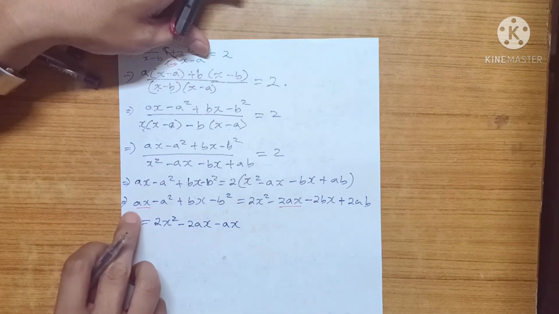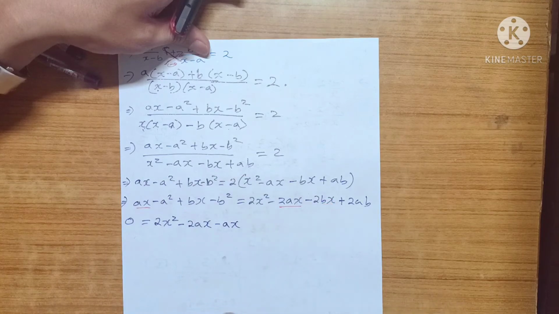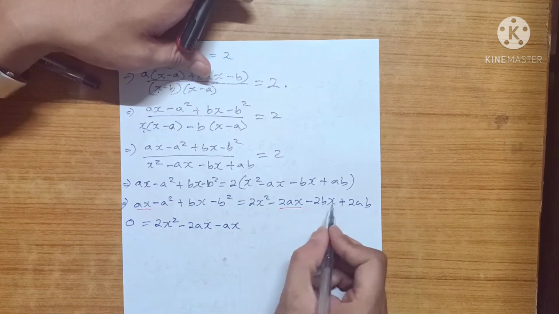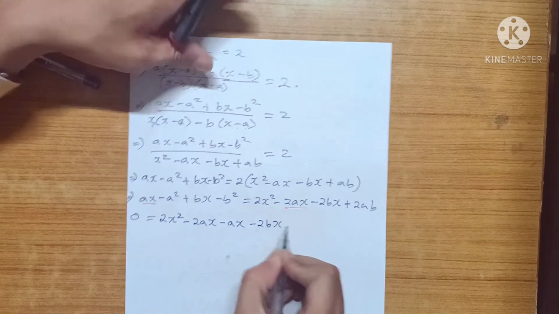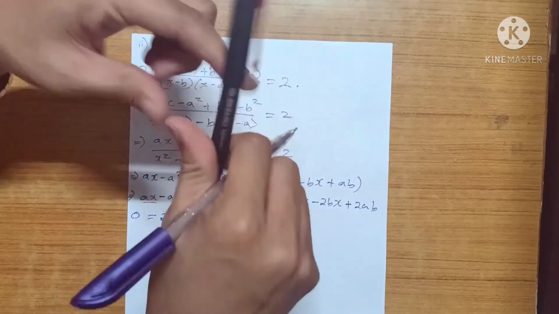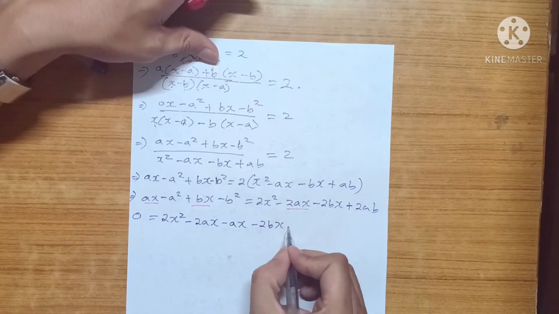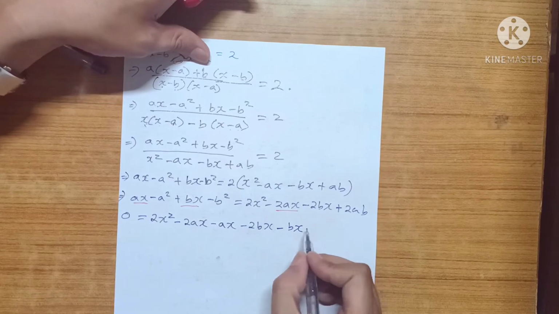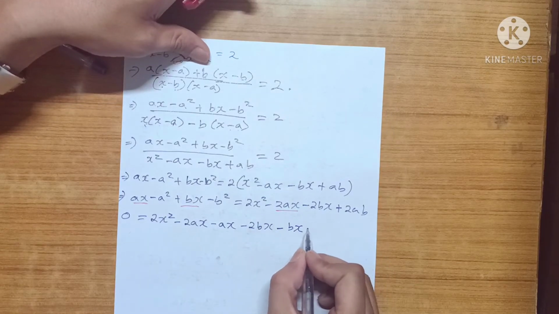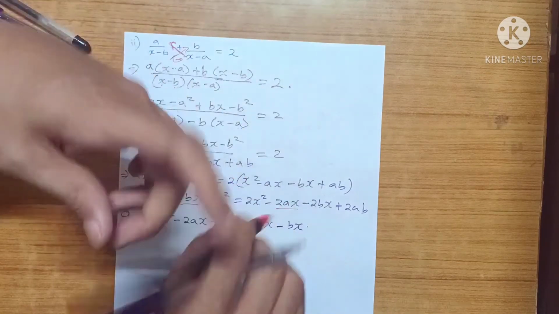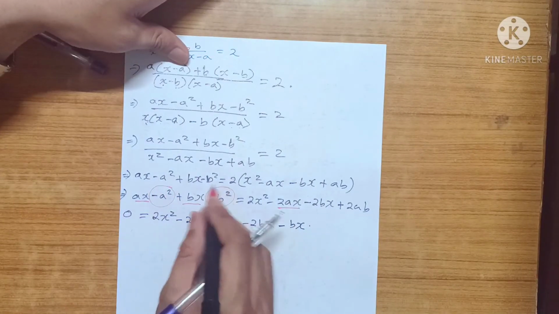Minus ax, because this is addition, it goes this side, it becomes subtracted. Now I'm going to write minus 2bx, and then this is plus 2bx, so plus 2bx goes this side, it becomes minus bx. And then what's left? This is left, this is left.